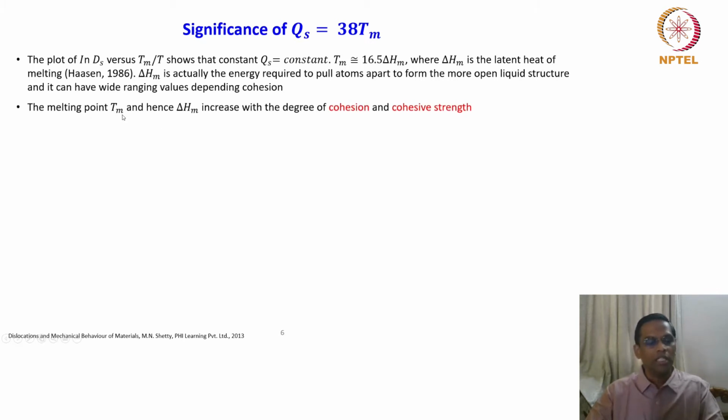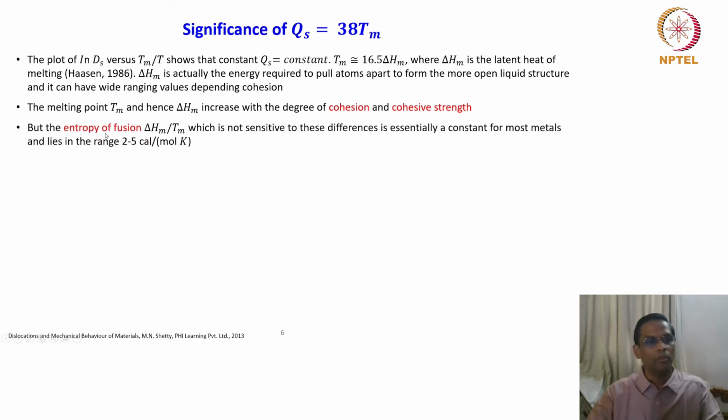The melting point Tm, and hence delta Hm, increase with the degree of cohesion and cohesive strength. But the entropy of fusion, which is delta H by T, is not sensitive to these differences and is essentially a constant for most metals, lying in the range of 2 to 5 calories per mole per Kelvin.